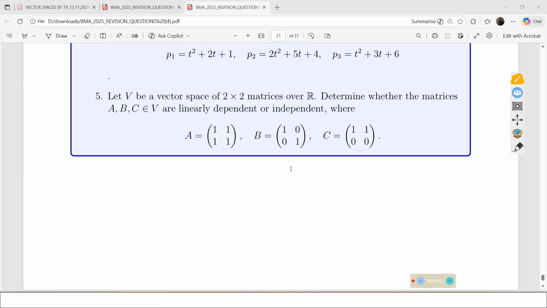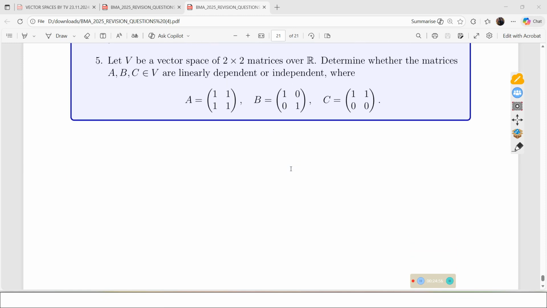Lastly we look at part 5, which says let V be a vector space of 2 by 2 matrices over R. Determine whether the matrices A, B, and C are linearly dependent or independent, where we are given these.